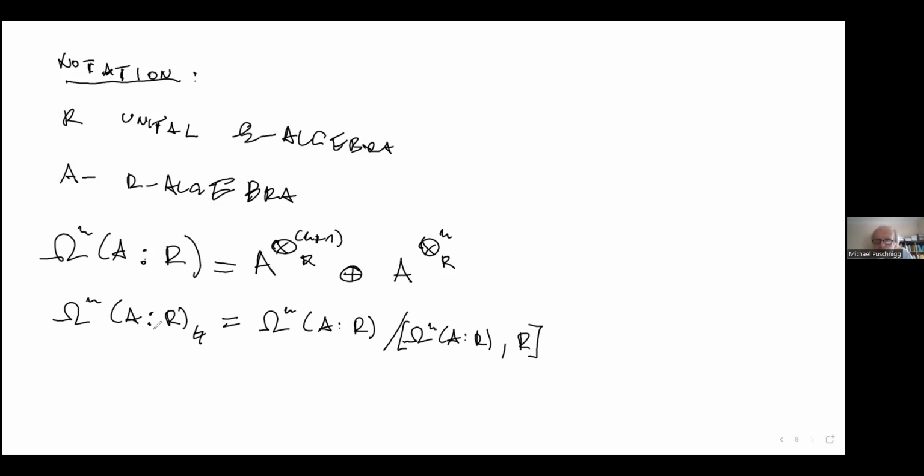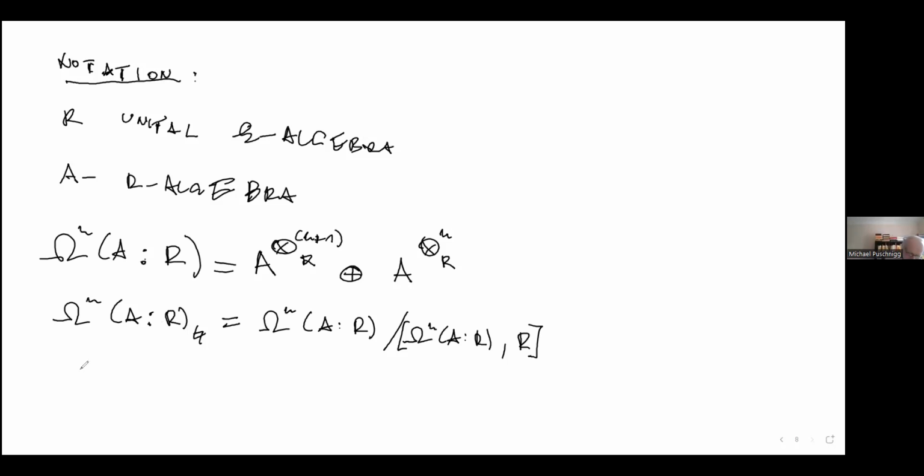You can, of course, write down the operators little b, capital B, that you know from cyclic homology. And you have the usual relations that little b squared is 0, capital B squared is 0, and little b capital B plus capital B little b is 0.